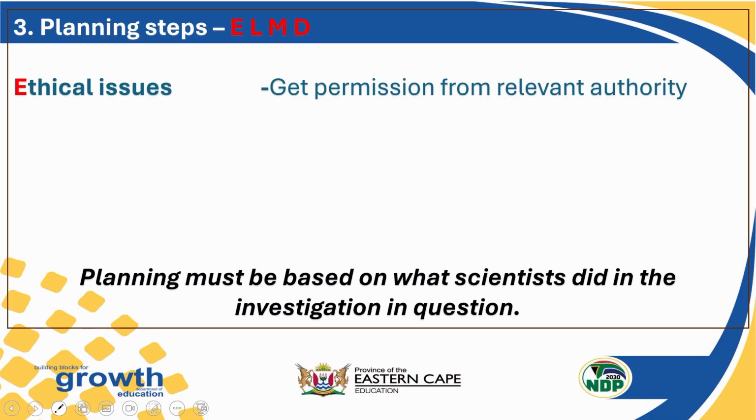We know today that the POPI Act is very, very important, and we cannot just use people's information for our own needs. So it's very important for you to get permission from relevant authorities when you do investigations on animals and people.